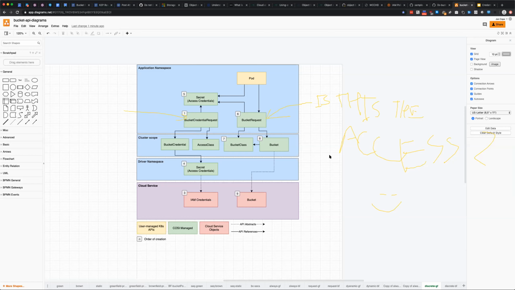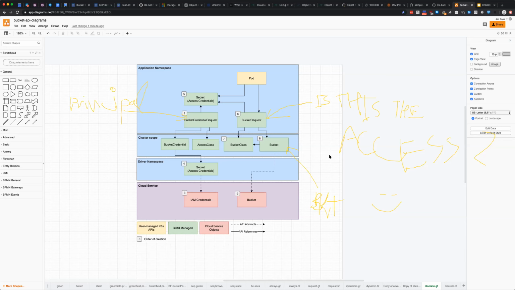So the point here is that, like you said, it's essentially a three-part problem. You have an identity, you have a storage endpoint, you have the binding that takes place that prescribes your access. So a second kind of complication of this is that binding can be written to the bucket or written to the IAM role, right?